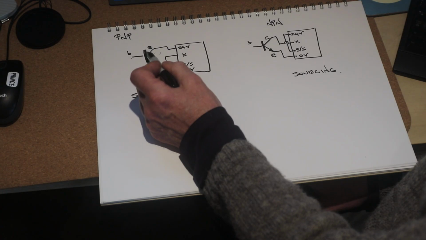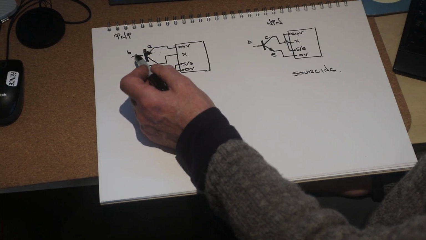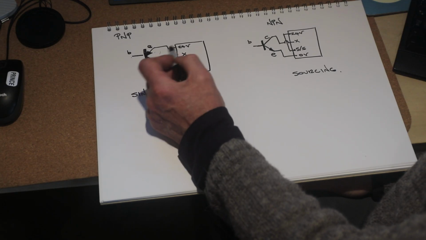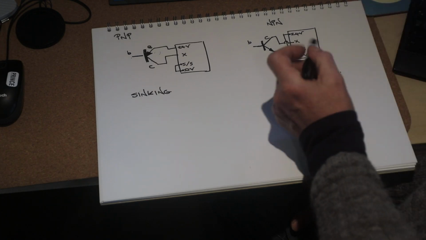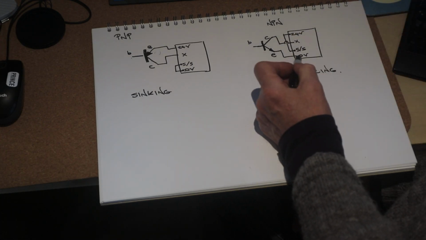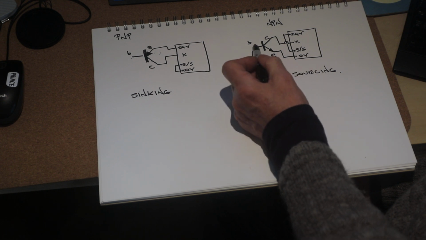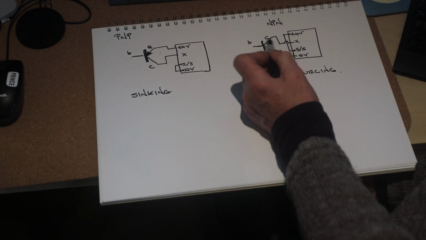But inside there somewhere there is a PNP transistor that is becoming what's called forward biased when the base voltage drops below 23.7. The NPN works the other way round. Because the emitter's already at 0 volts, when the base voltage goes above 0.7 of a volt, this one starts to turn on.